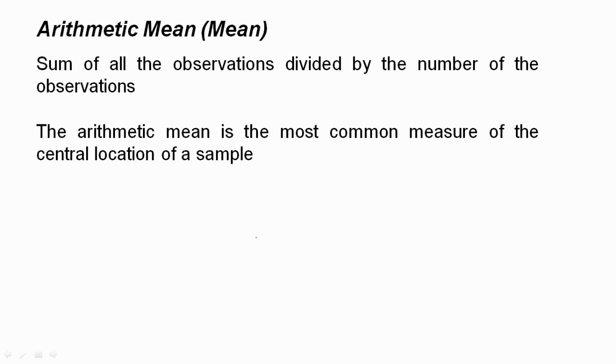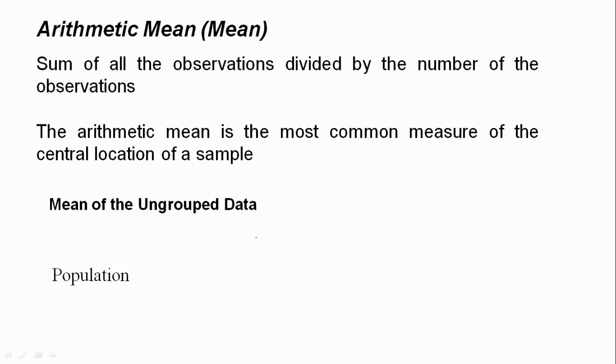First, we are going to see the calculation of the mean value for ungrouped data, as we have seen what ungrouped and grouped data are in the previous slide. First, the population mean.